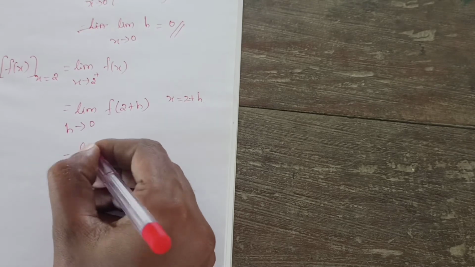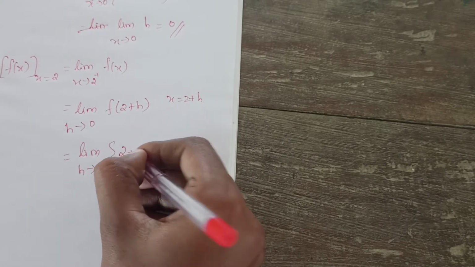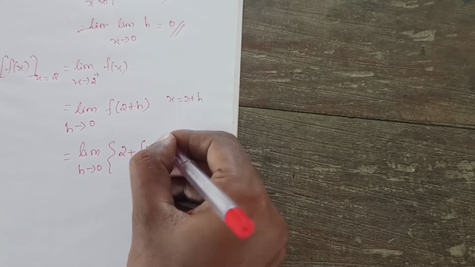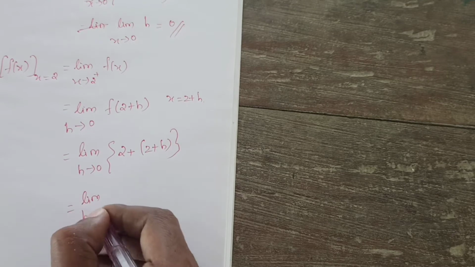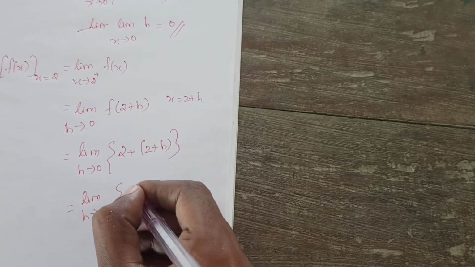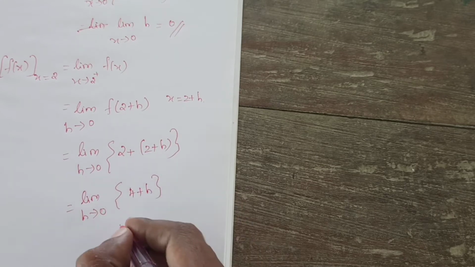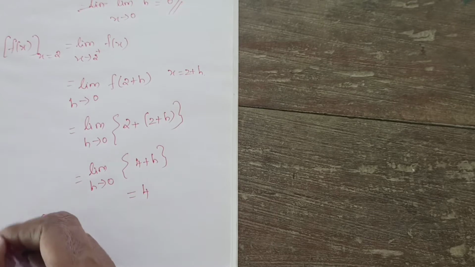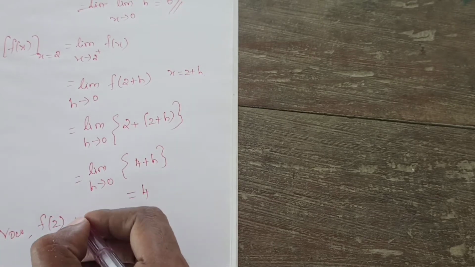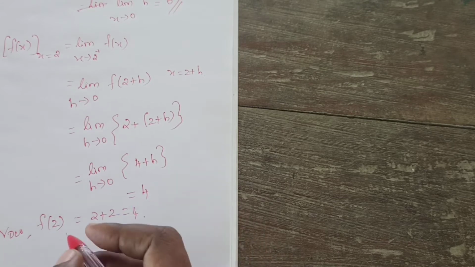That's equal to limit h tends to 0 of 2 plus x. Is it right? So 2 plus (2 plus h). So what will you get? Limit h tends to 0, 2 plus 2 means 4 plus h. If we substitute 0, what will you get? 4. Then find out f of 2. In the place of x you substitute 2, 2 plus 2. What's the value? 4.